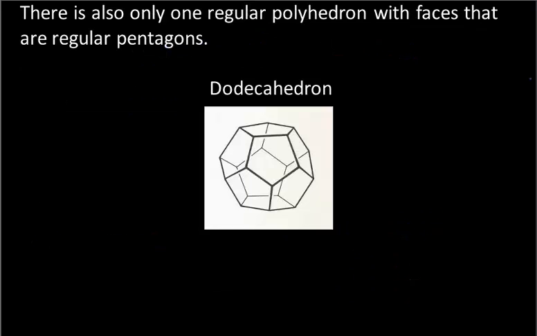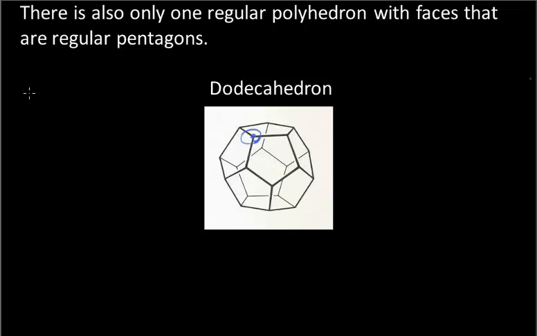Now let's see if we can join pentagons together, regular pentagons. We know that each angle, here's a pentagon right here, each one of those little angles in the pentagon is 108 degrees. And we have to join at least 3 of them together in order to have a polyhedron at all.